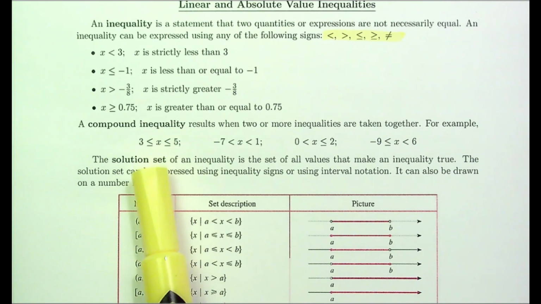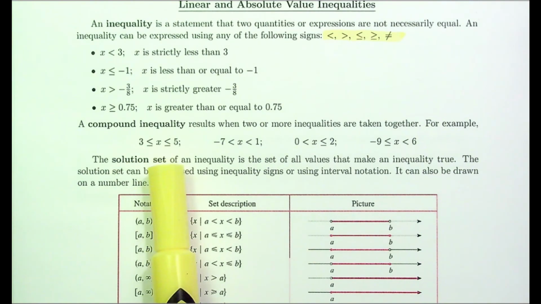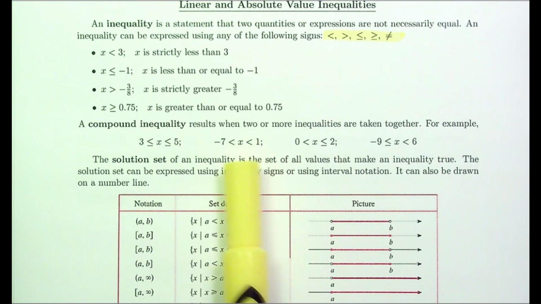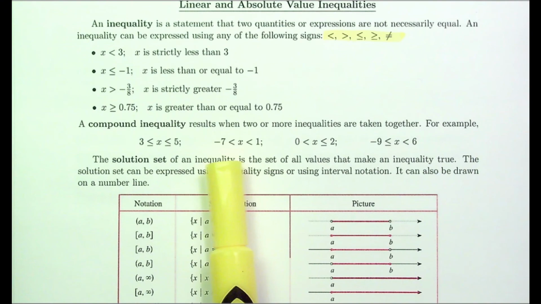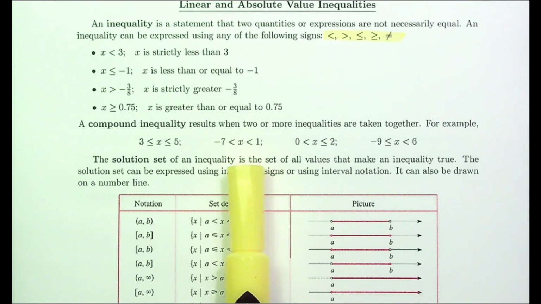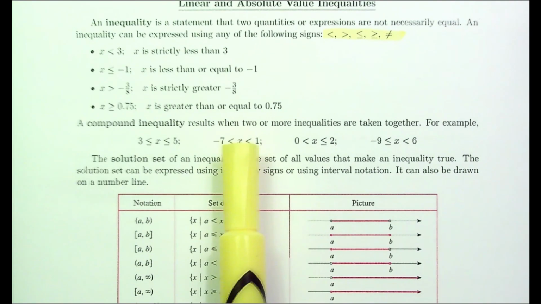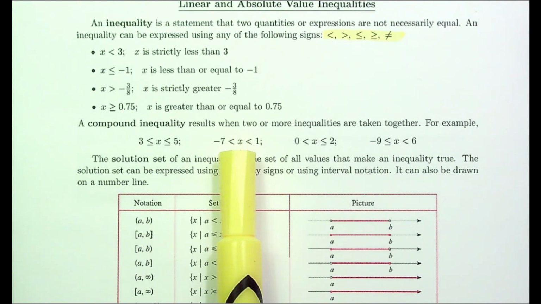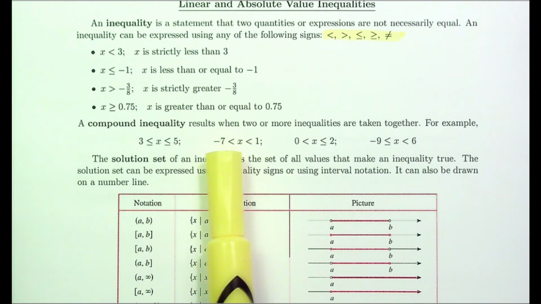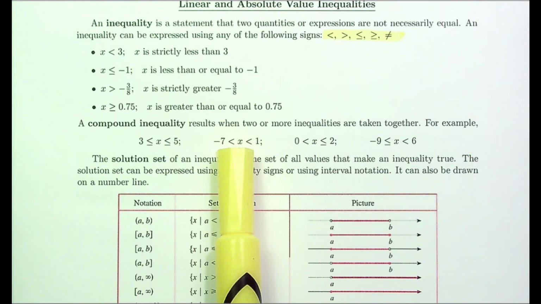Okay, so here x is greater than or equal to 3 and less than or equal to 5. Here you have x greater than negative 7 and less than 1, or strictly speaking, you should read this: x is greater than negative 7 and less than 1.